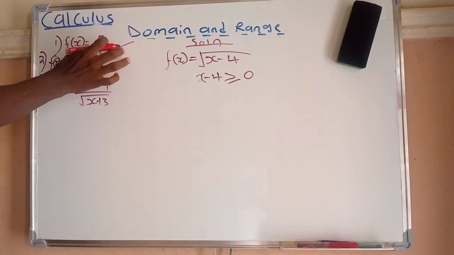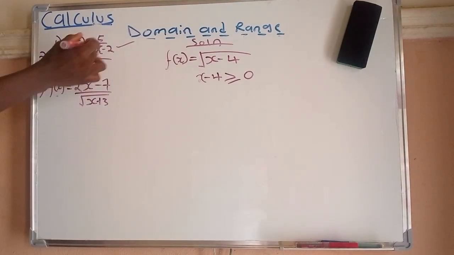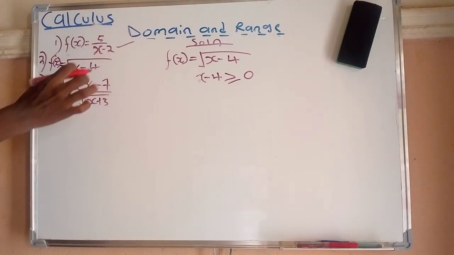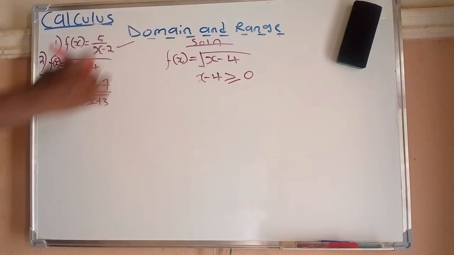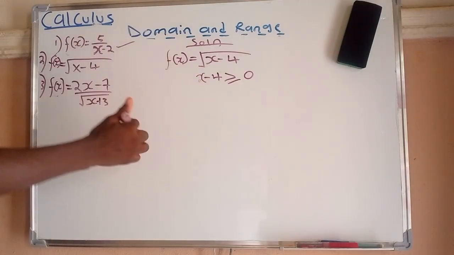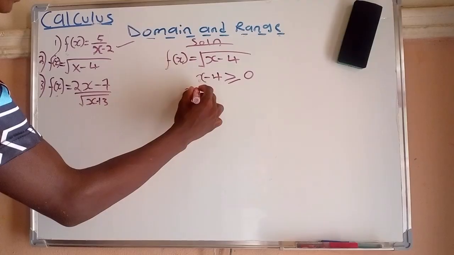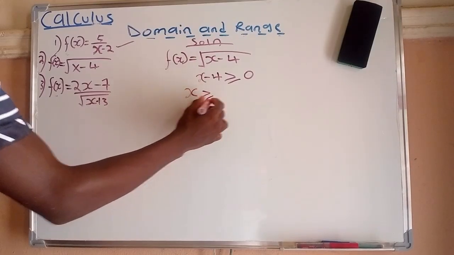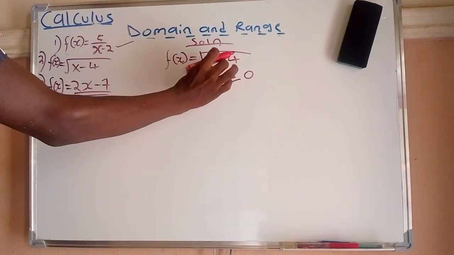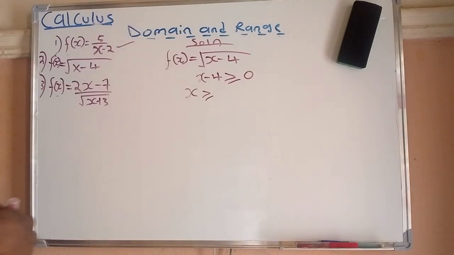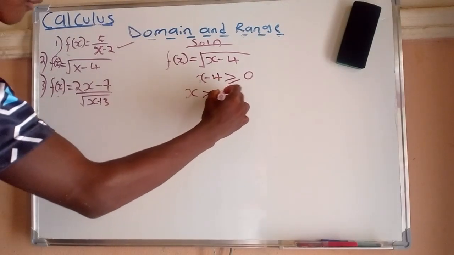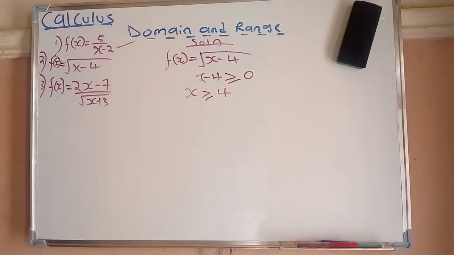For the first question, we said not equal to 0 because the denominator doesn't contain any radical form. So the solution here is x is greater than or equal to, when the negative 4 crosses the sign, positive 4.